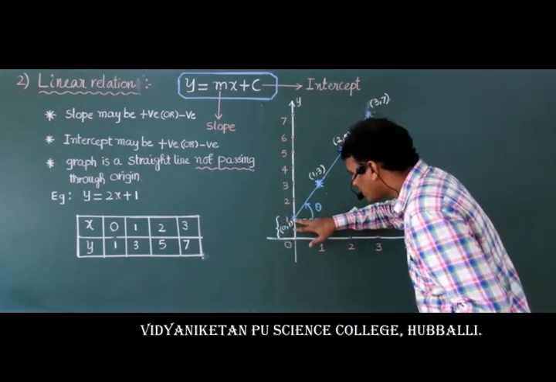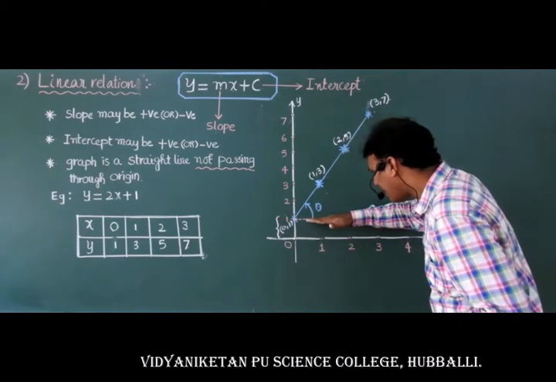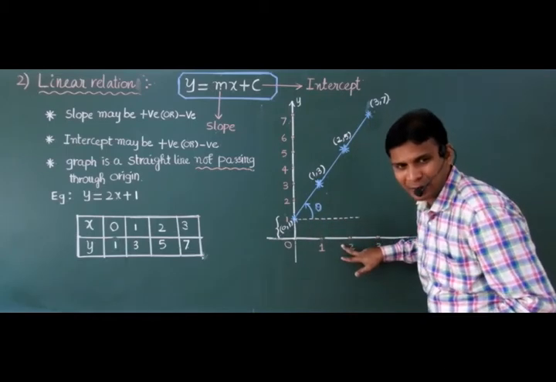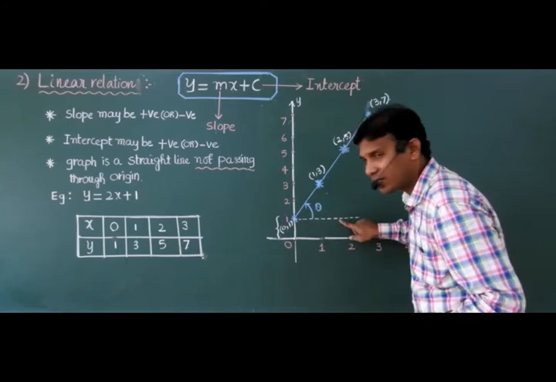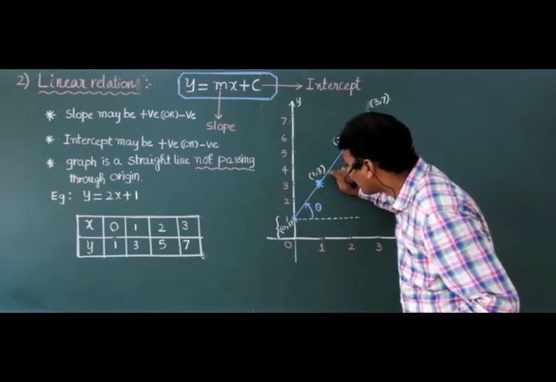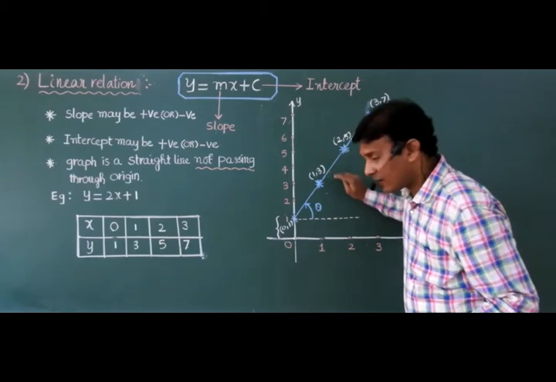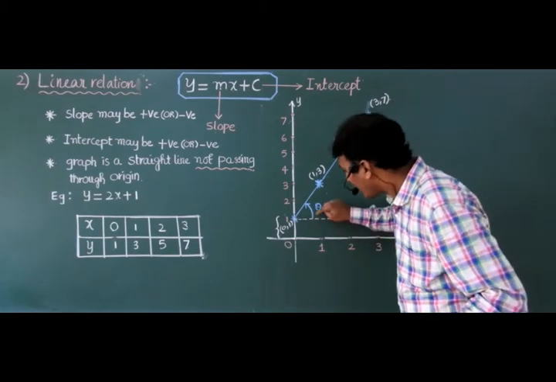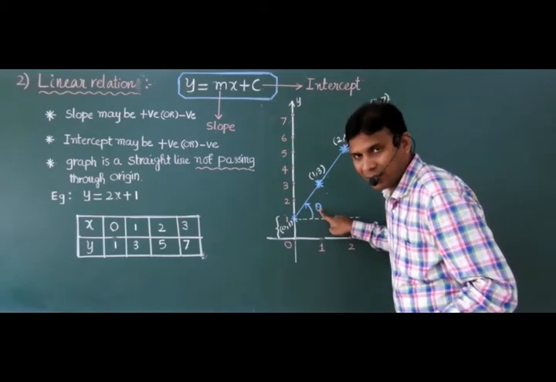See, from this intercept, here I consider one axis which is parallel to x-axis. This is considered as x-axis. Then the angle of inclination made by this straight line with the positive parallel x-axis in anti-clockwise direction, take it as theta.